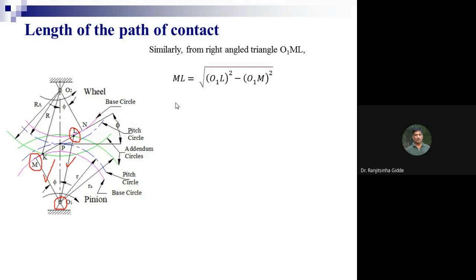Okay. Now writing values for this. What is the value for this? Small r. And what is the value for this? R cos phi. Already we have defined previously.